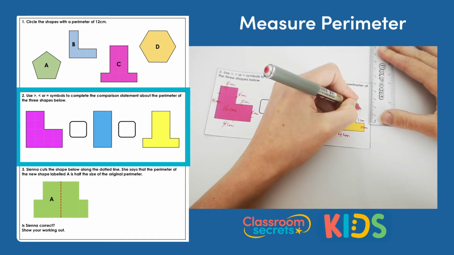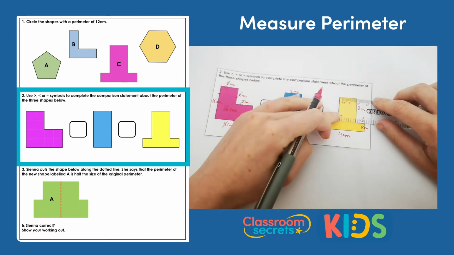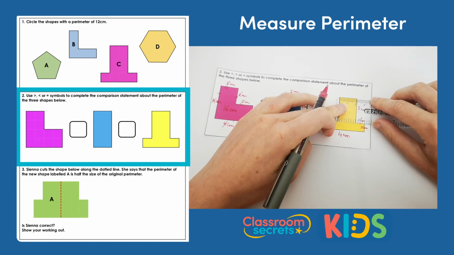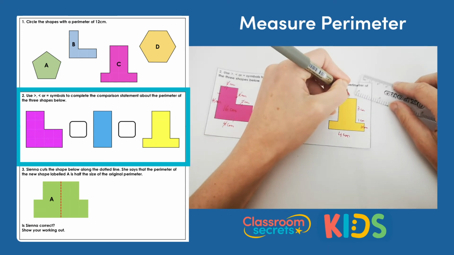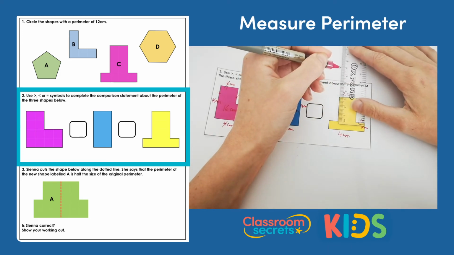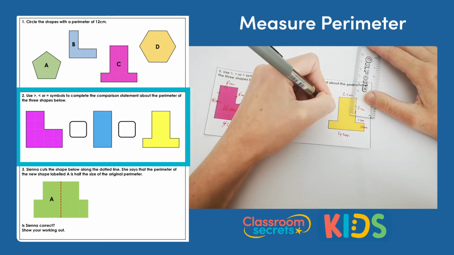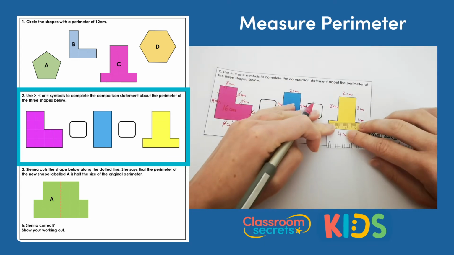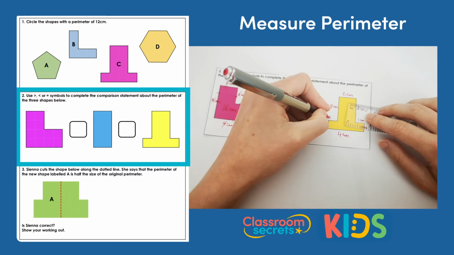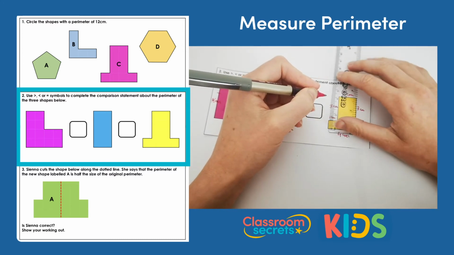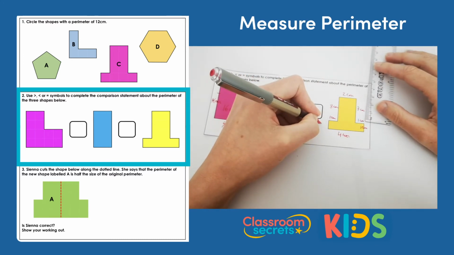That's 3 centimetres. 2 centimetres. 3 centimetres. 1 centimetre. And finally, the last one is 1 centimetre.